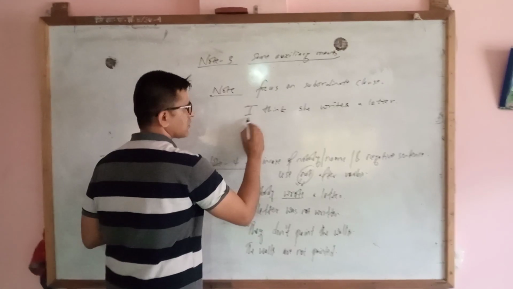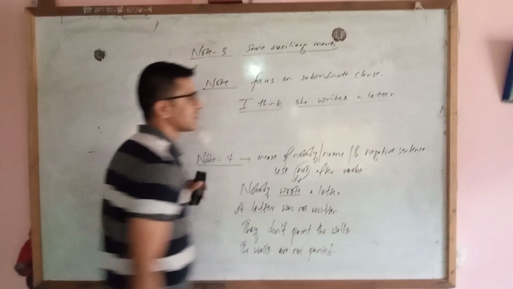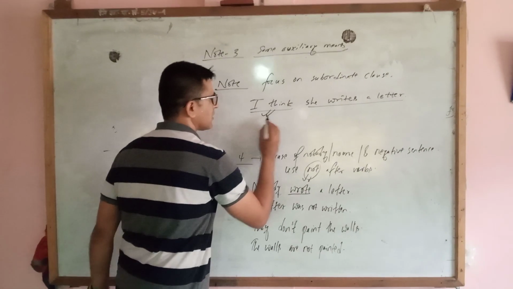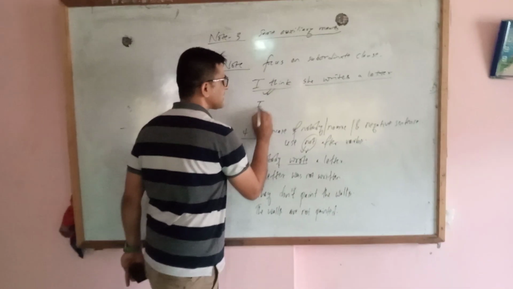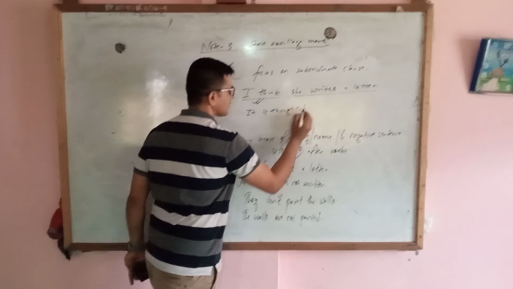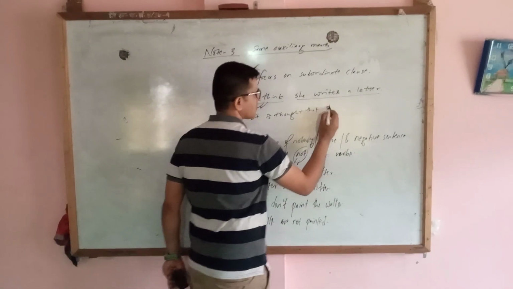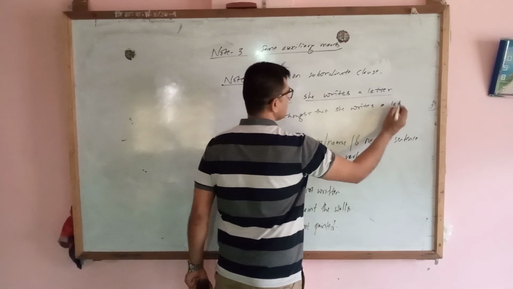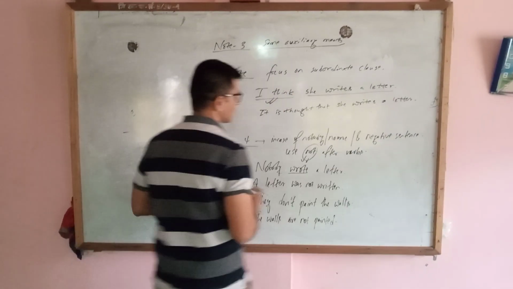There are two clauses: I think and she writes a letter. And in case of voice, focus on this one. What is the passive form of I think? It is thought. It is thought that she writes a letter. This is the way.